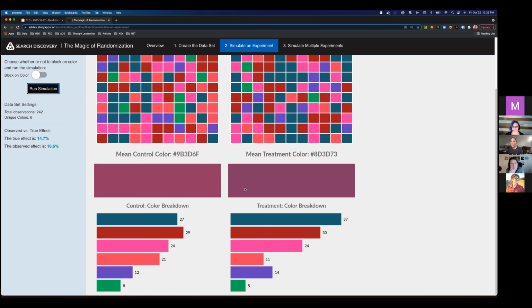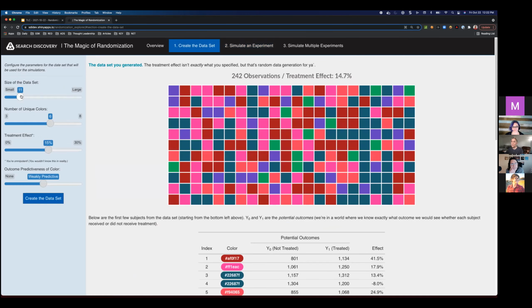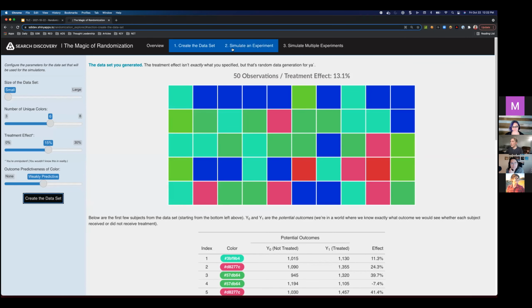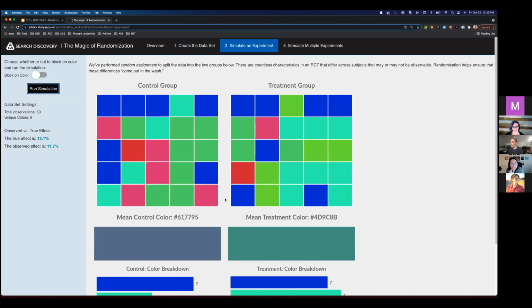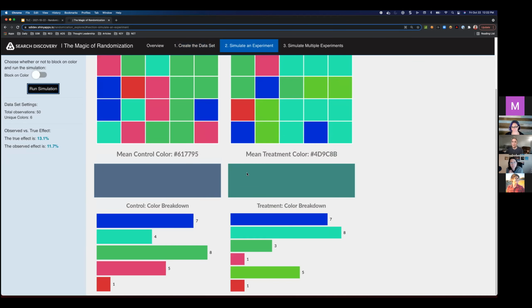It's not too bad, but let's say that we're running something on DMAs, like Tim mentioned, and let's take this down to an even smaller group. Why not? Let's take it to the smallest it goes. And what happens is now when we try to do randomization, you'll see that these starting groups are very different. So these would not be easy to go measure potential outcomes and say, yeah, we got a really accurate read on treatment effect.